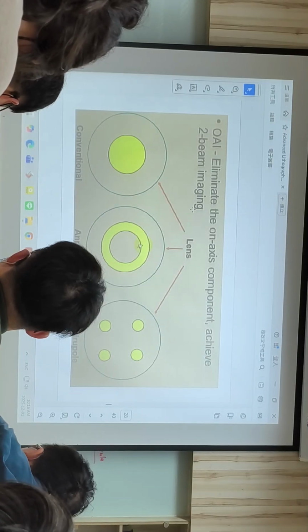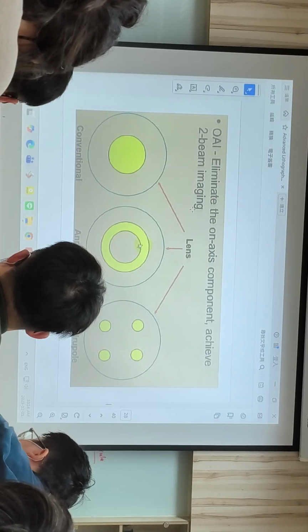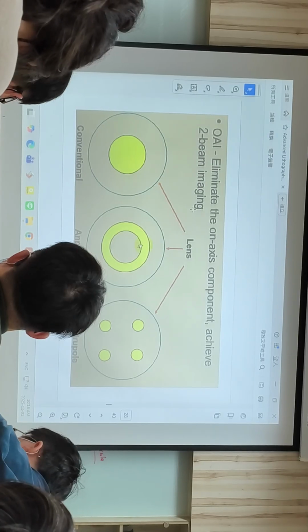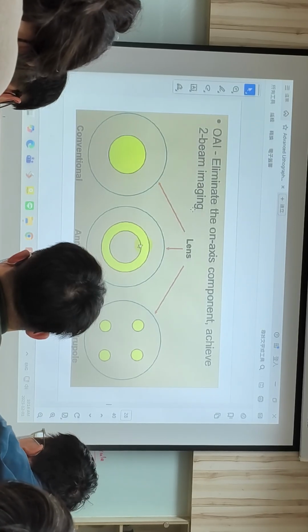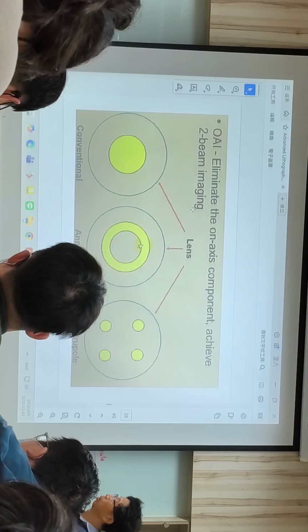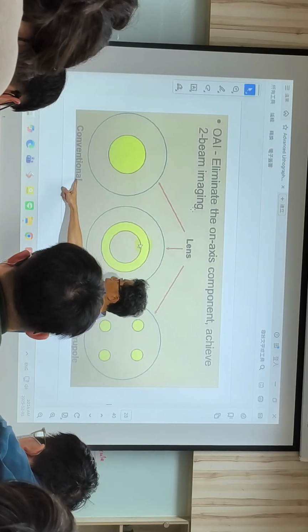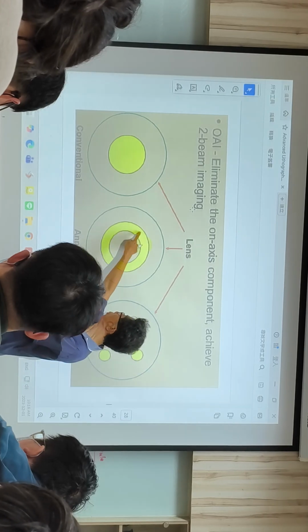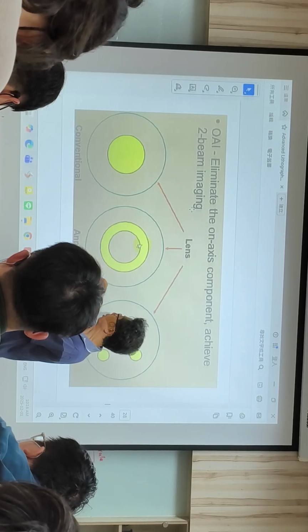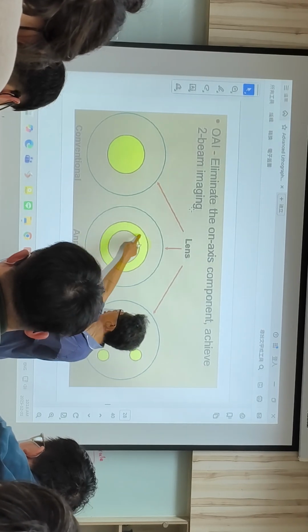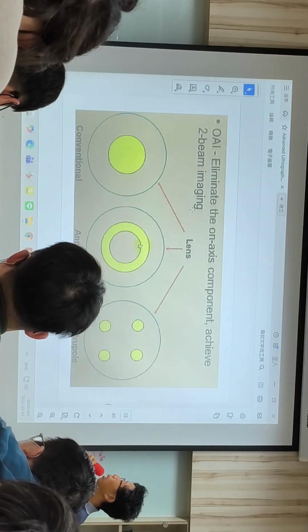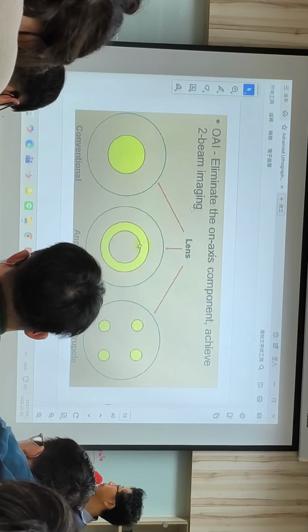Okay, so if we eliminate the on-axis component, then we can achieve two-beam imaging. This one we call conventional illumination, as I mentioned. But if we take this out, and this, then we start to say this is two-beam imaging, and it is OAI.